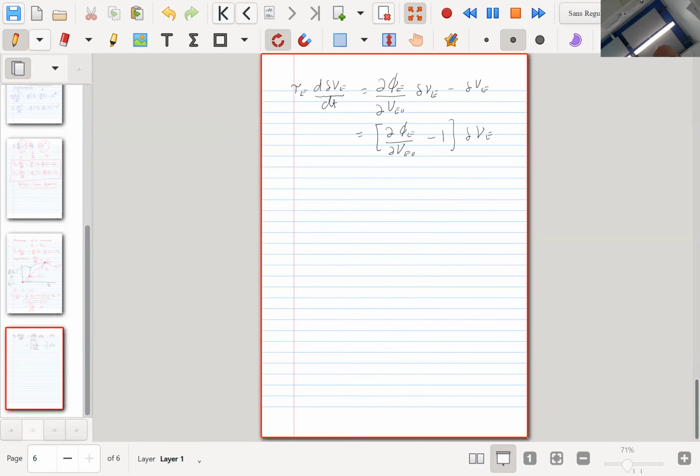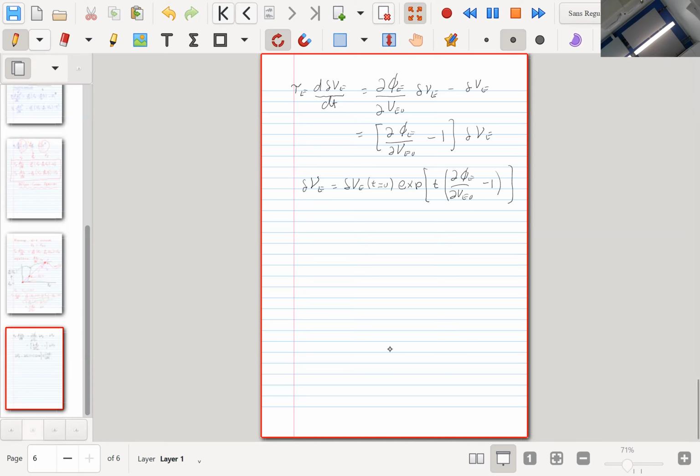So what this means is that delta nu E equals delta nu E0 at time t equals 0 times exp of t times the partial of phi E with respect to nu E0 minus 1.